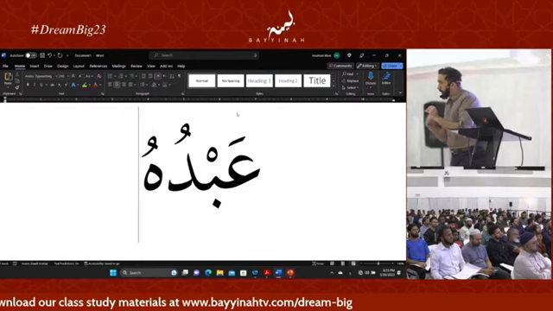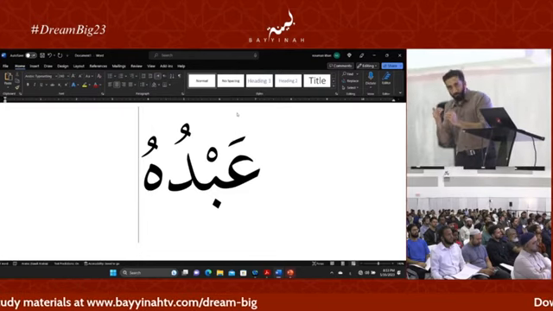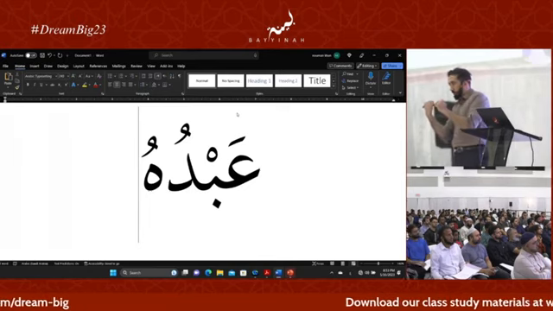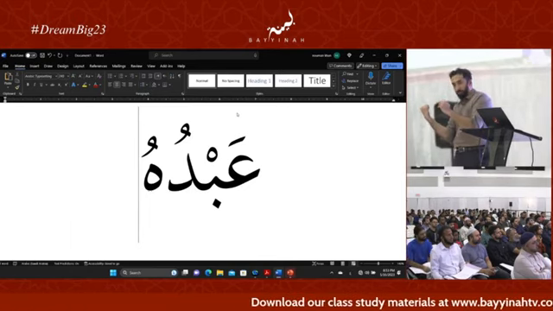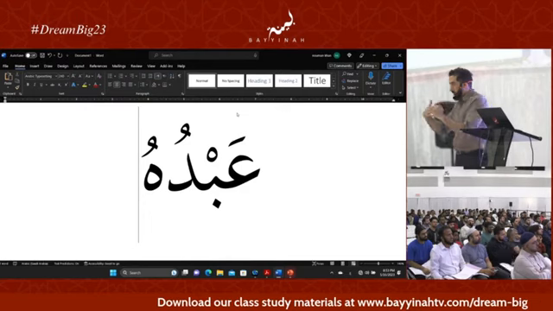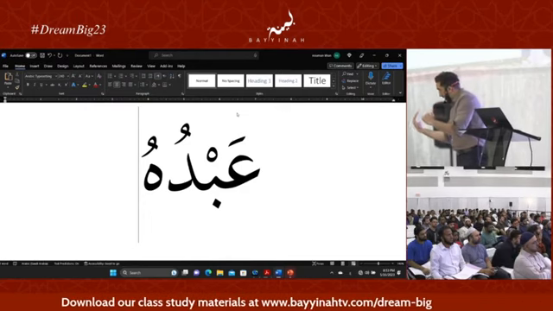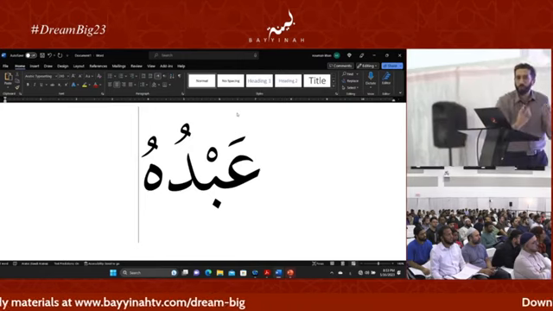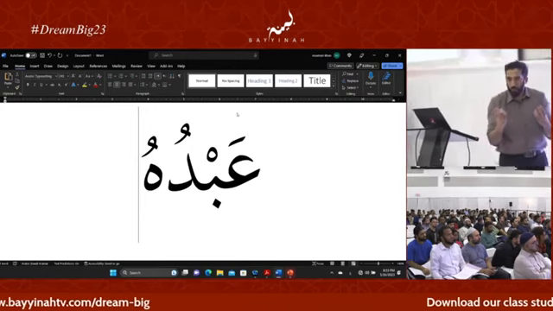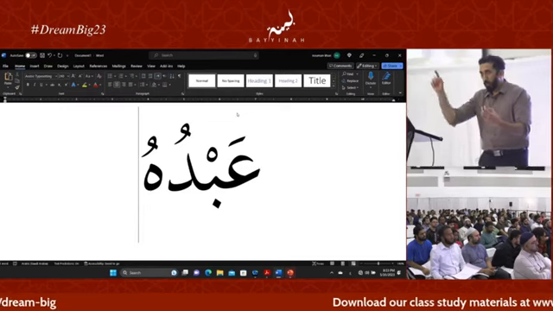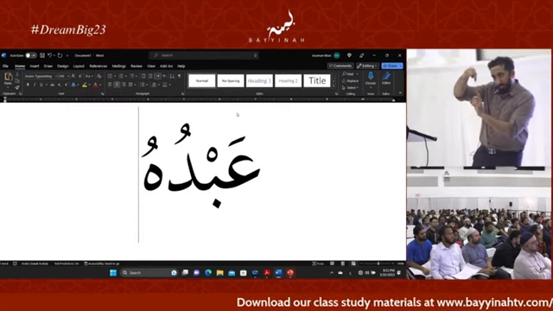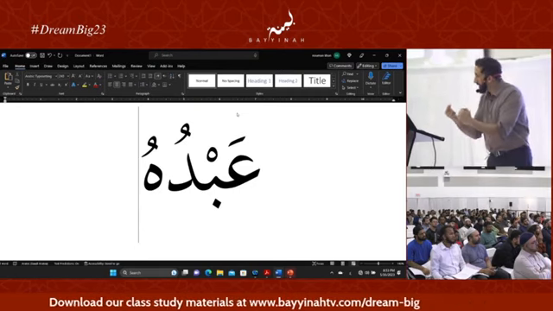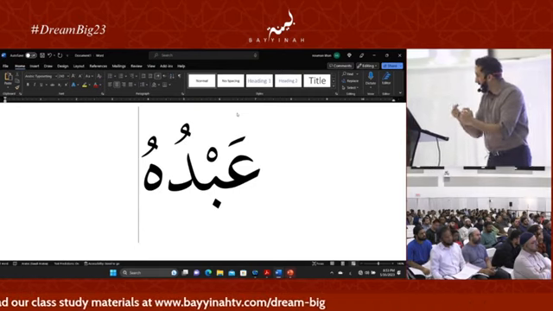Attached versions can only be nasab or jar, but if it has a good looking mudaf, it's jar, which means abdu is a mudaf and who is a mudaf ilayh. What do you put between a mudaf and a mudaf ilayh? Of slave, of his, which would easily translate into what? His slave.